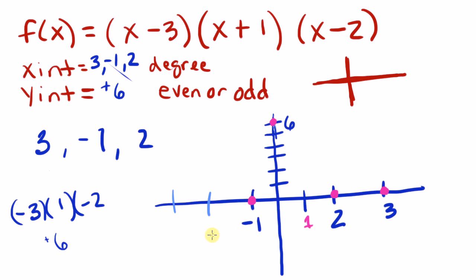All right. The degree of the polynomial should have said it's a degree 3. Remember, that's x times x times x. If this had been squared, it'd be x squared times x times x. Is it even or is it odd? Well, that's a third degree polynomial, so it's going to be odd.